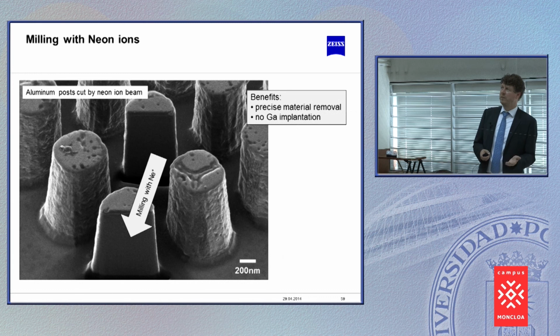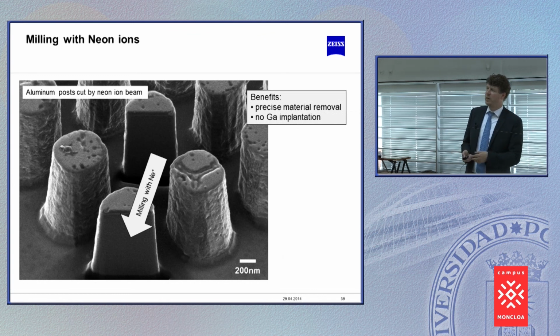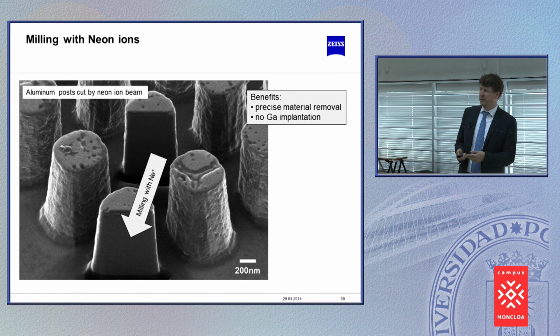This is an example for using neon ions. These are some aluminum pots, and you can cut them with the neon. I will show you the difference between the neon, helium, and gallium.